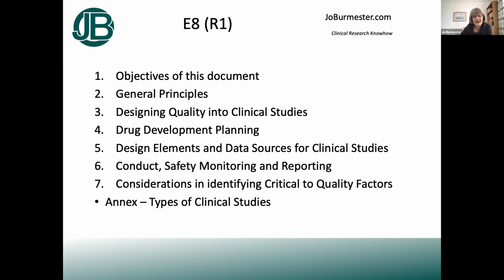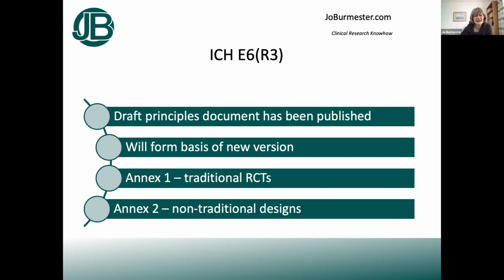Okay, so that's E8. And then E6: what they've done so far is they've published the draft principles, and they're changing the structure of the document. So the principles are going to form the core of the document, the basis for the new version. And then they're going to have 2 annexes.